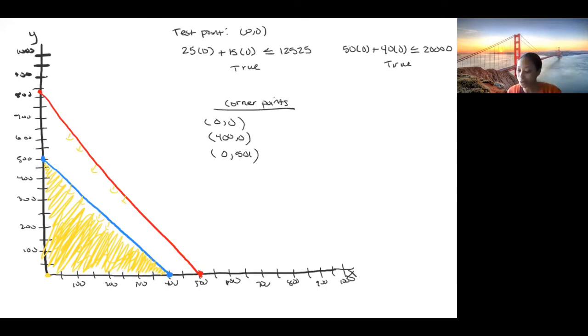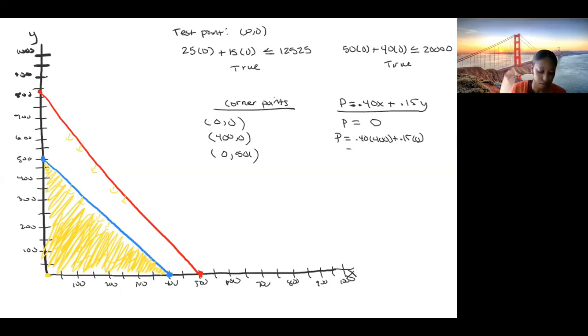So once you find your corner points, then we also want to plug these into the objective function, which is p equals 0.40x plus 0.15y. If we plug in 0, 0, the profit is 0. That one's pretty easy. If we plug in 400, 0, we would have 0.40 times 400 plus 0.15 times 0.